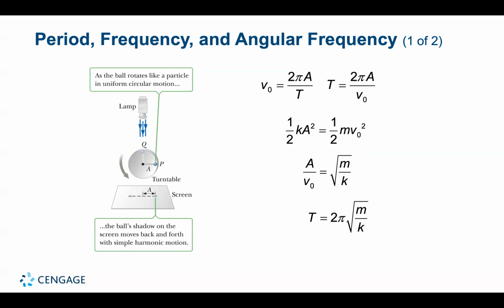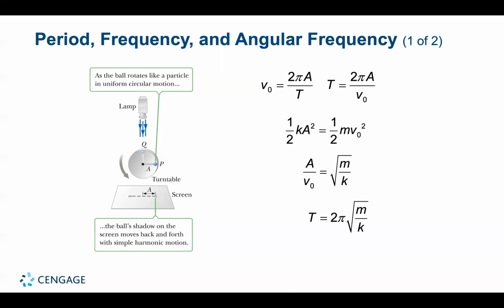During the quarter of the cycle, the shadow moves from a point where the energy of our ball-spring system is solely elastic potential energy to a point where the energy is solely kinetic energy. We can apply conservation of energy, solve for A over v0, and then substitute it to get an expression for the period T.